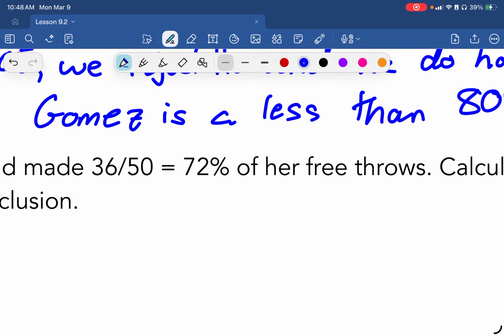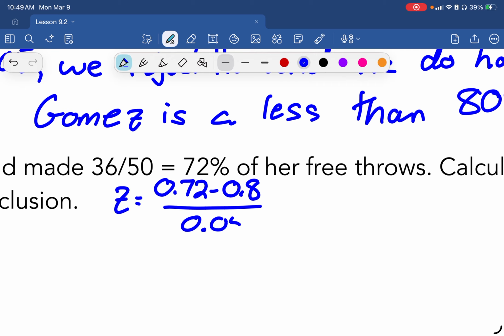What I want to point out here, you can do a z-score. We're using the same mean and standard deviation. You would get that this is 1.4 standard deviations below the mean. You could easily use table A here because you don't have to draw a distribution.